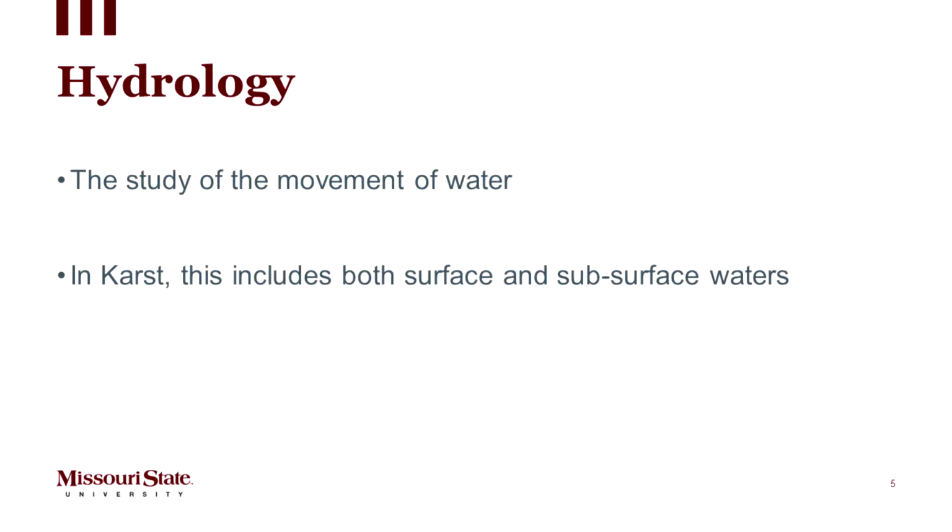In other parts of geology and engineering and geography, sometimes we'll separate surface water as hydrology and groundwater as hydrogeology. But in karst, those distinctions are blurred because water moves back and forth between the surface and the subsurface. So karst hydrology includes water wherever it is in the karst terrain.